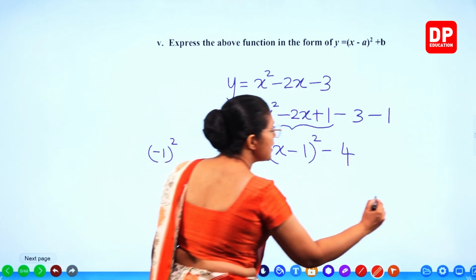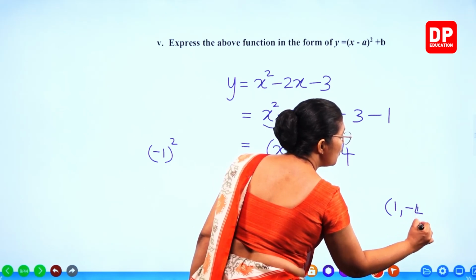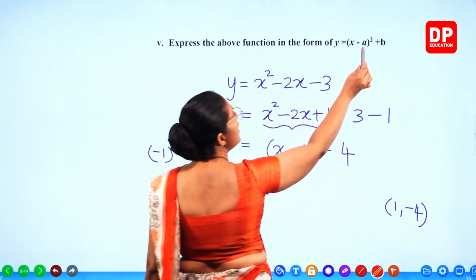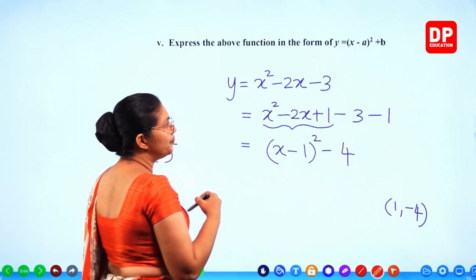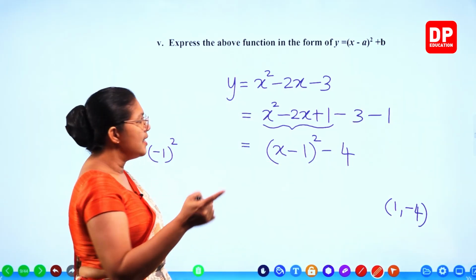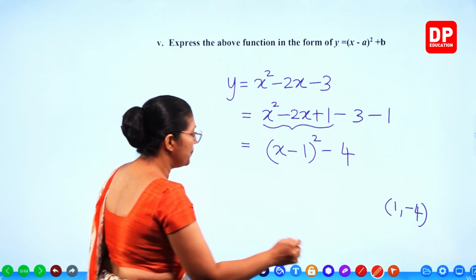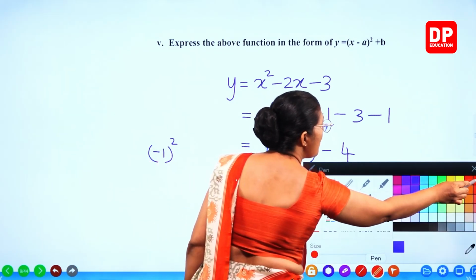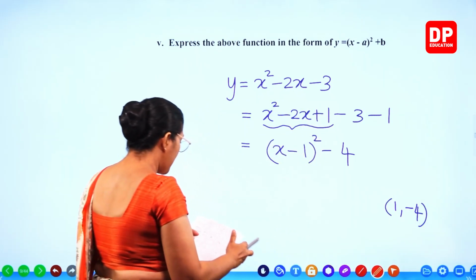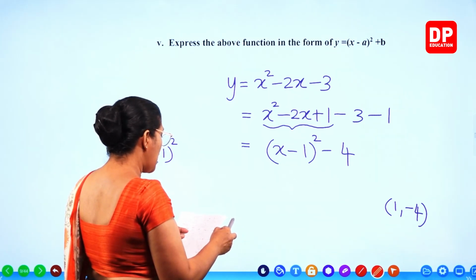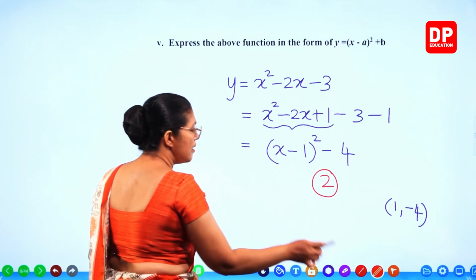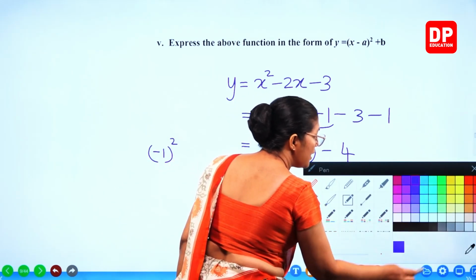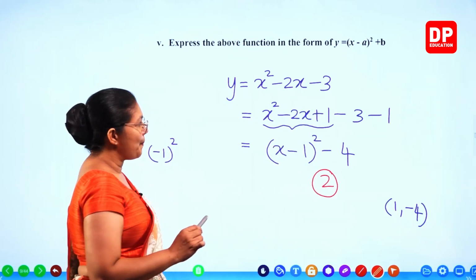If you know the vertex point 1, comma minus 4, you can straight away write a equals 1, b equals minus 4. So you get the same answer using that method as well. So how many marks for this part? You are getting 2 marks. So we have given 10 marks for the whole question.